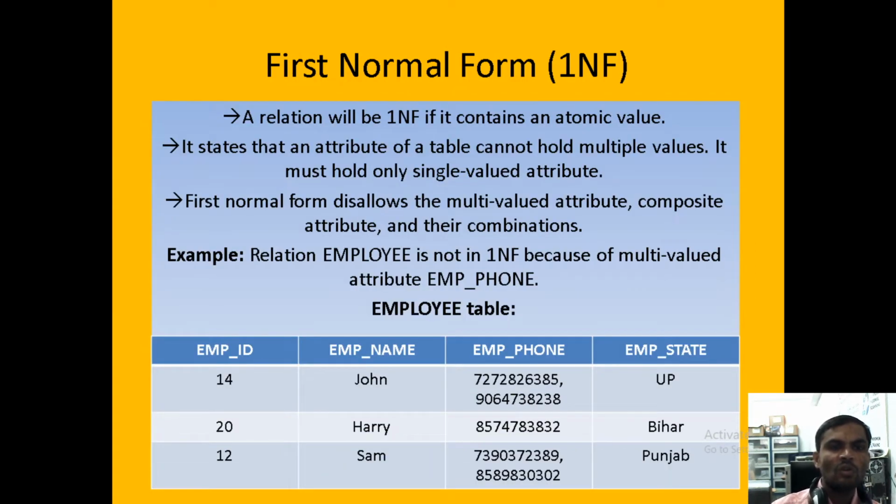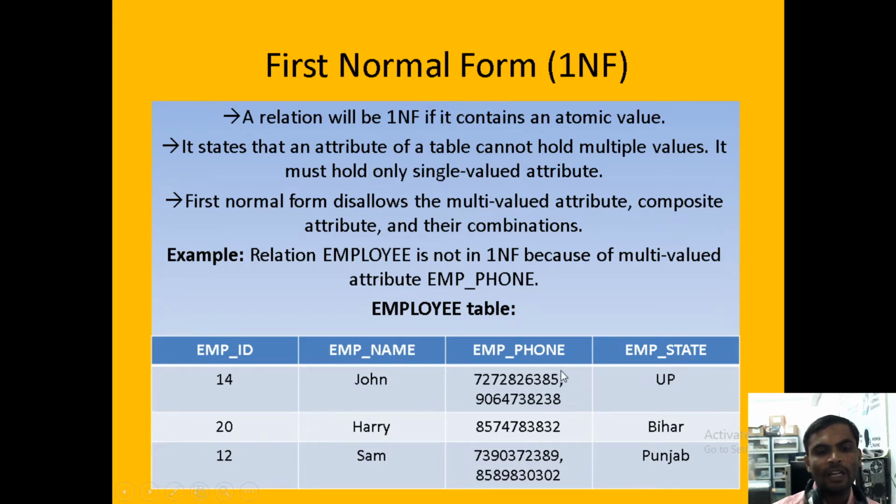Now if you want to go for the first normal form, a relation under the first normal form can contain only atomic values. Atomic value means under a particular attribute, it can consist of only one unique value. For example, take an employee table with employee phone number, where John is an employee name.